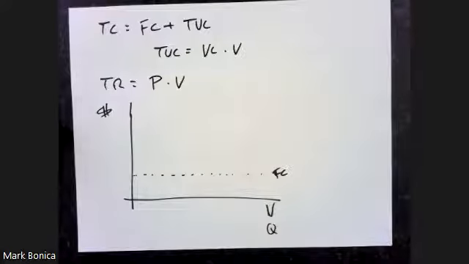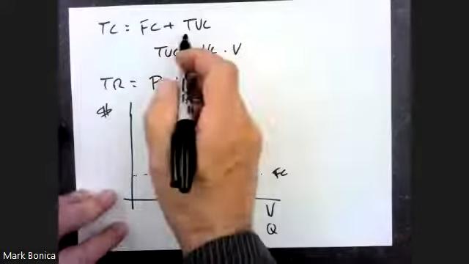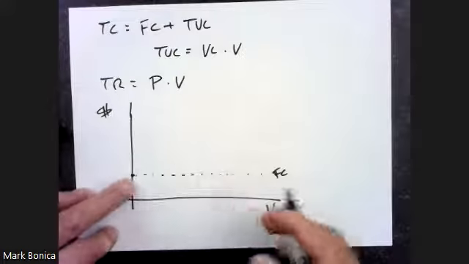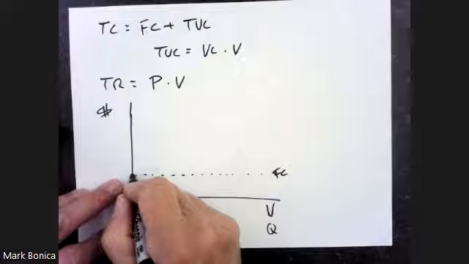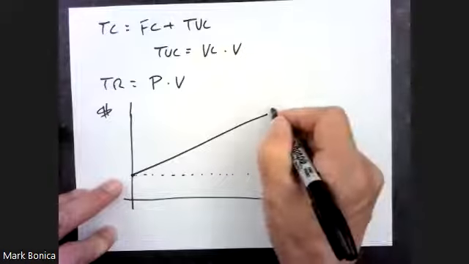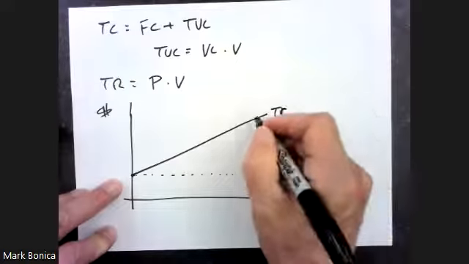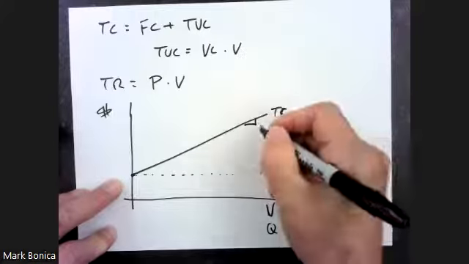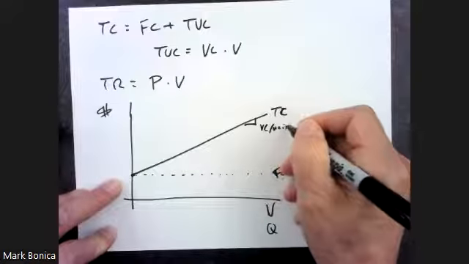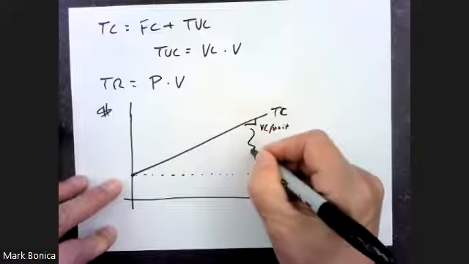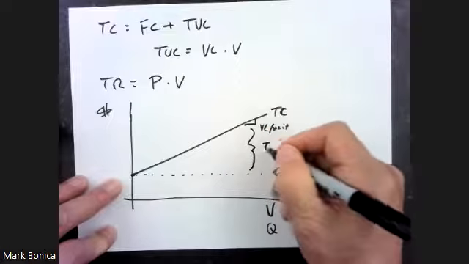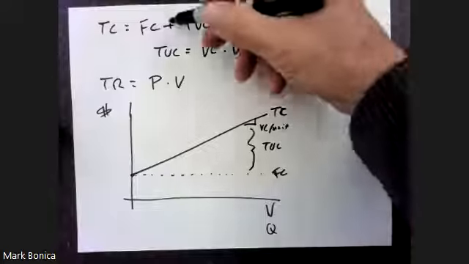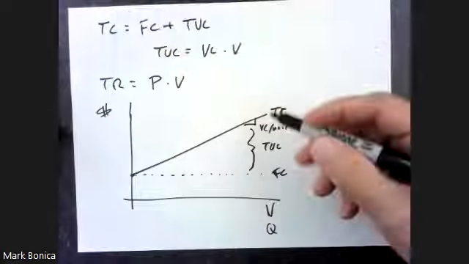Then we said, okay, when we start looking at total cost, it starts at the fixed cost and goes up with a slope equal to the variable cost per unit. And this gap is the total variable cost, because fixed cost plus total variable cost gives us total cost.